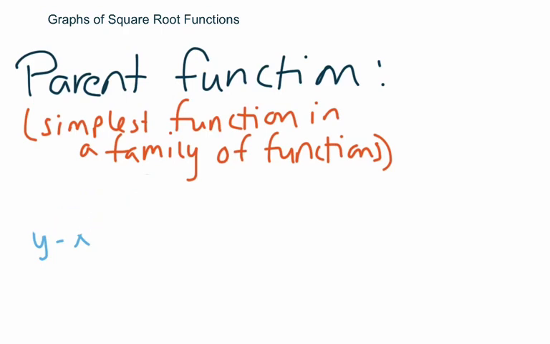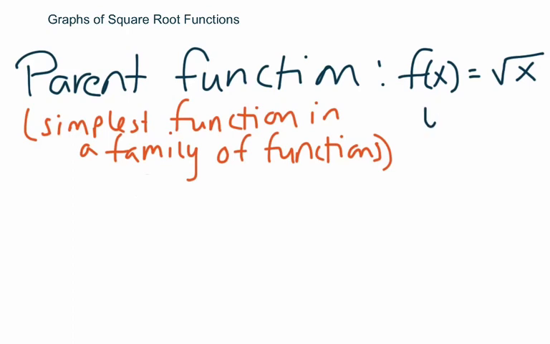So when we're talking about a square root function, the parent function is the simplest function in that family. How simple can you make it and have it still be a square root function? And the answer to that is this. You could have f of x is equal to the square root of x. That's as simple as it gets and have it be a radical function or a square root function.